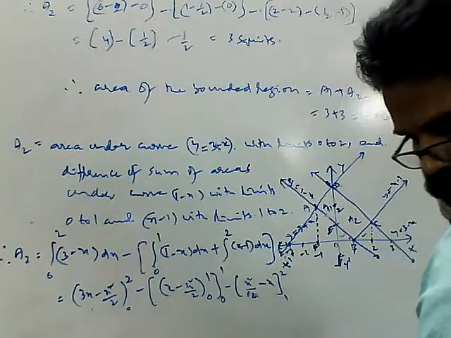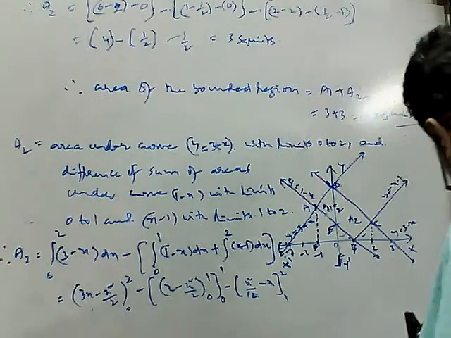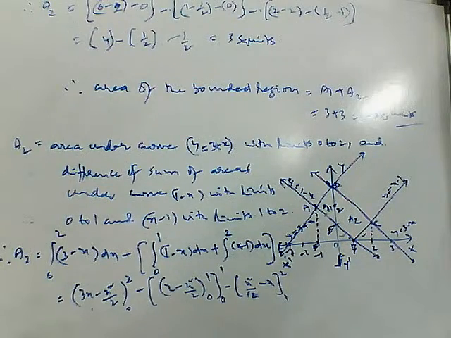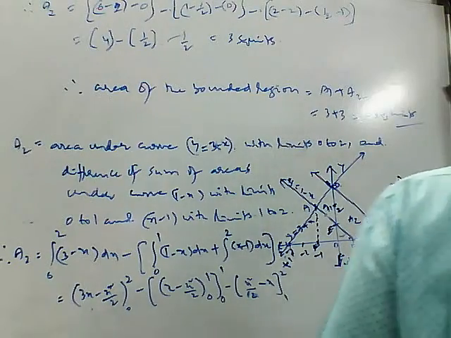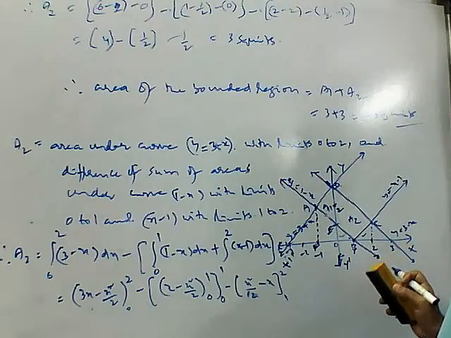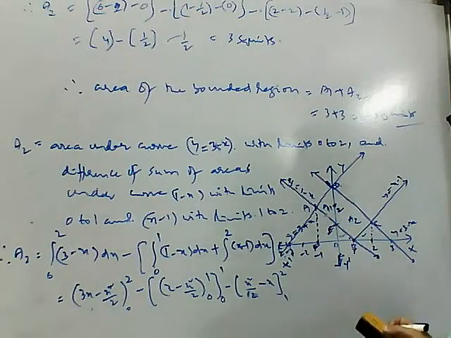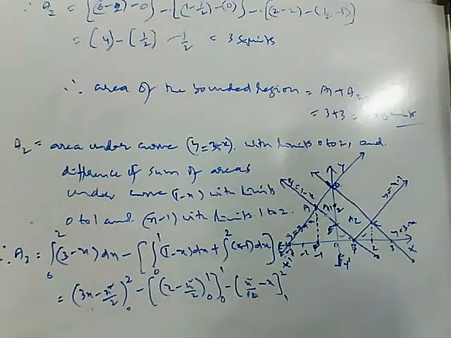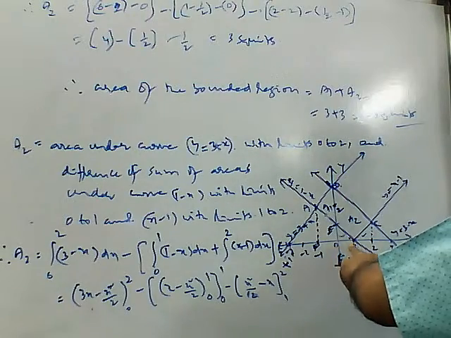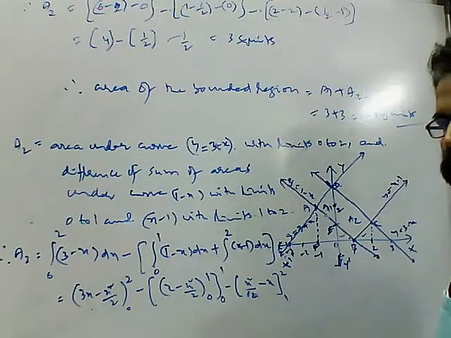Okay, next question. You should be very careful and attentive with these questions, and be very keen in understanding the areas and the bounded regions. Because if any bounding limit or the area of the line changes, then the problem will go wrong.